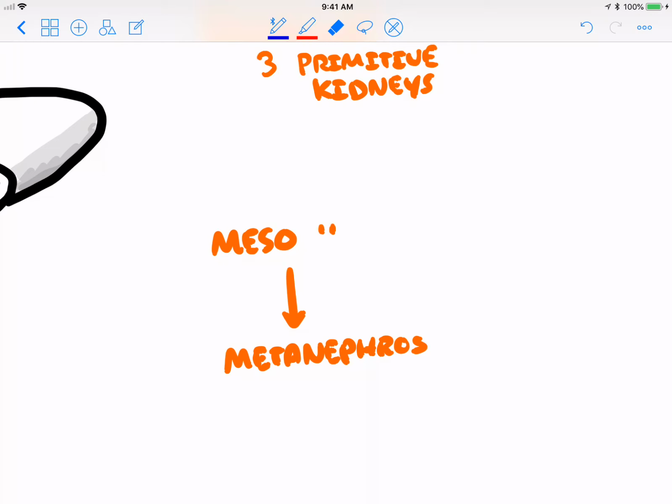Then we have the mesonephros. And the mesonephros, in large part, is going to degenerate, but it is functional for a temporary bit of time. So the mesonephros is, probably shouldn't have erased all that. All right, so we'll just write in nephros because that's bothering me now that I didn't do that.